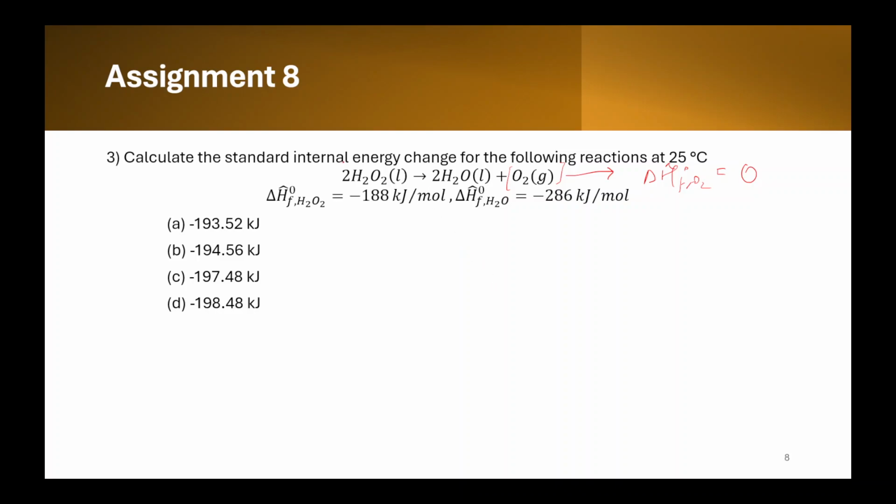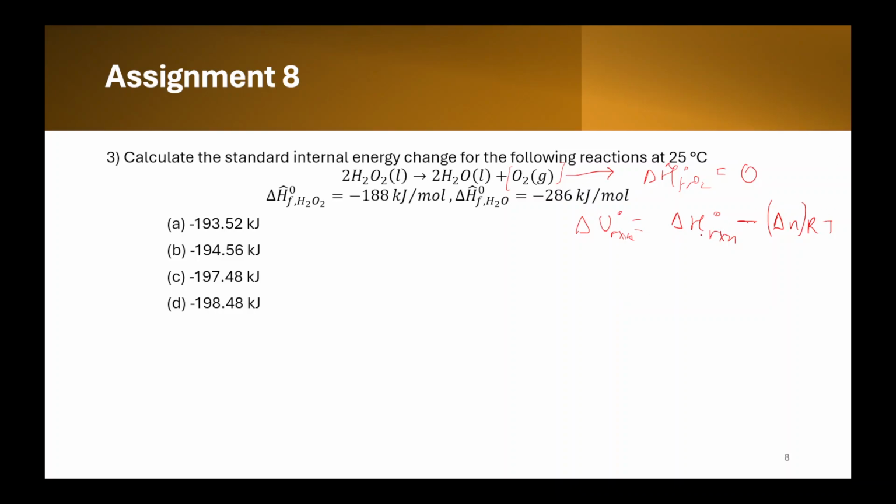We need to compute the internal energy change, so we firstly need to compute the enthalpy change, because we know delta U reaction standard will be delta H reaction standard minus delta n RT.